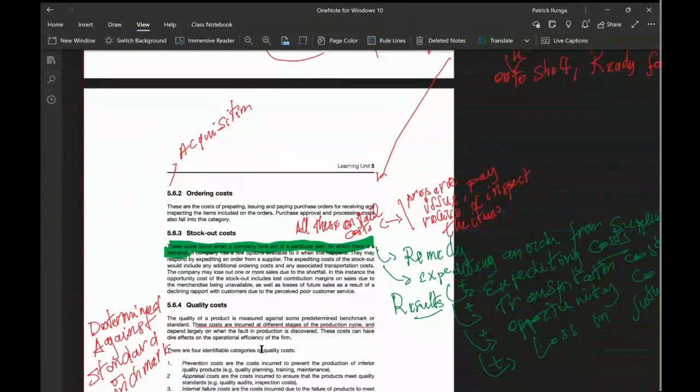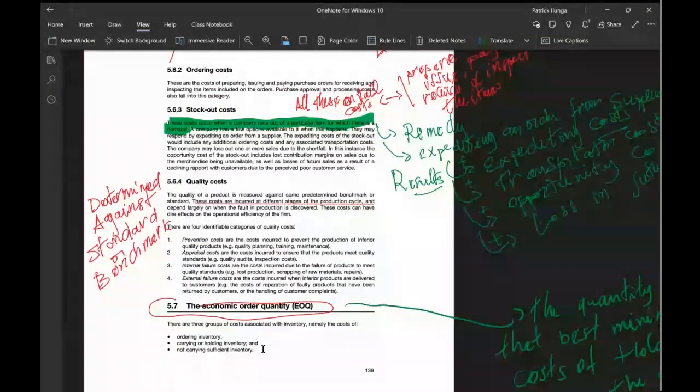And obviously, there is the cost of carrying and holding a product. It always comes down to two or three things. What are those two things? The ordering cost and the carrying or holding of inventory. These two are important. Why?